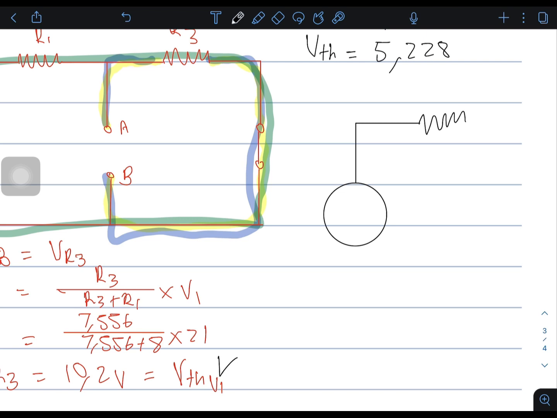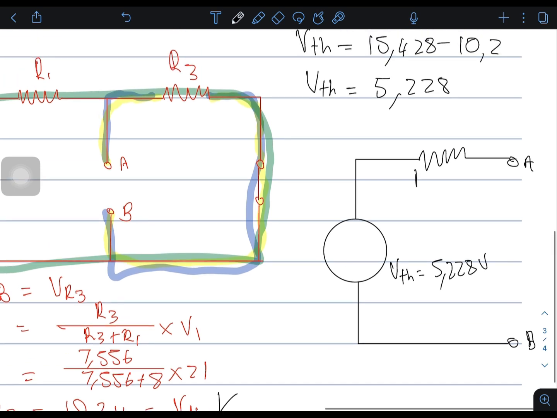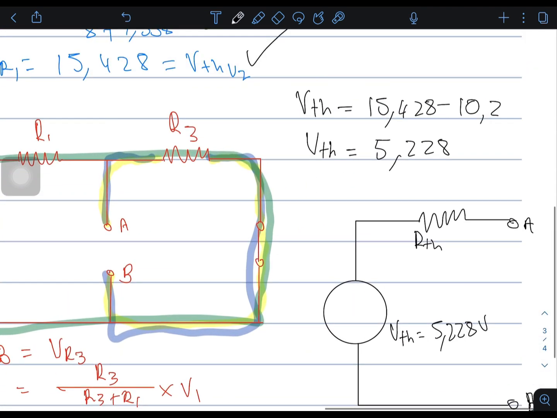When you're doing Thevenin theorem, you always end up with terminals A and B. The Thevenin voltage is 5,228 volts. Then the Thevenin resistance is 3,886 ohms.